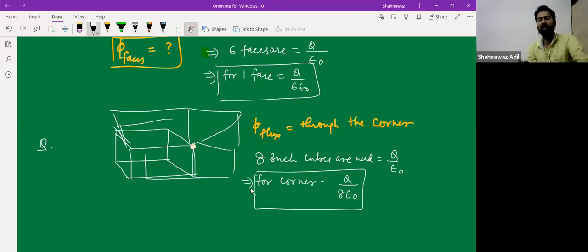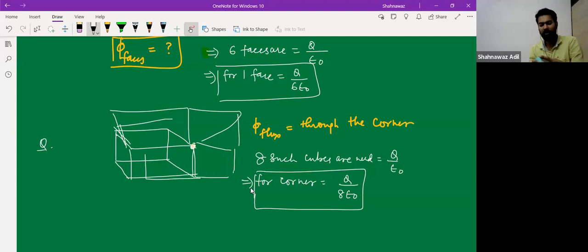Right. So let's say the charge was at this point, right? So you keep one cube in here, one cube in here, one cube in here, one cube in here, and then one cube here, then above. So you have a total of 8 cubes, right?